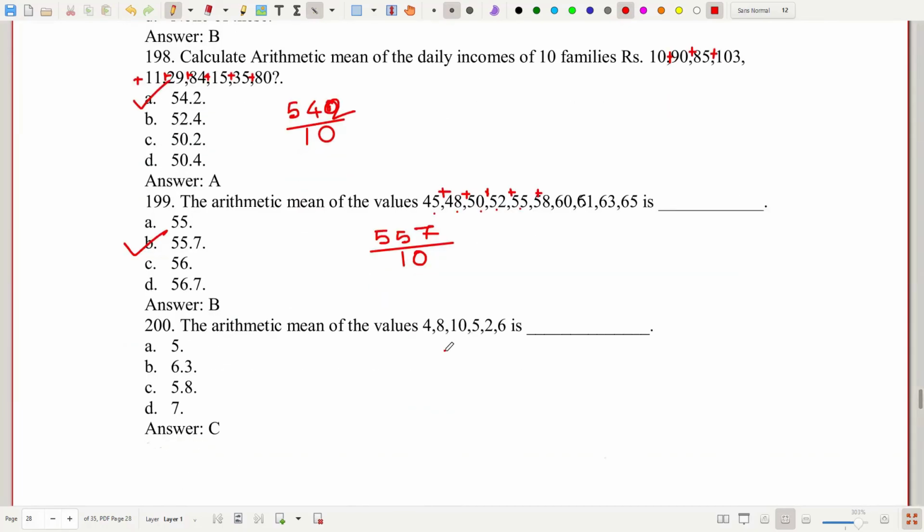The arithmetic mean of the values 4, 8, 10, 5, 2 and 6. That means after addition, we are getting the result as 35 upon 6 values. So we are getting the result as 5.83. So we can say the result as 5.8.